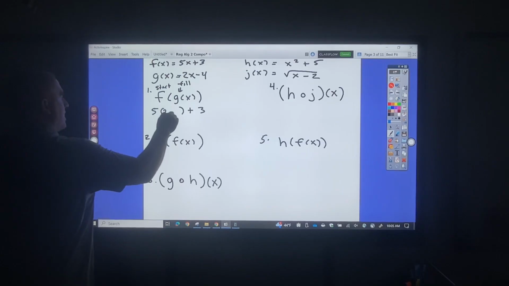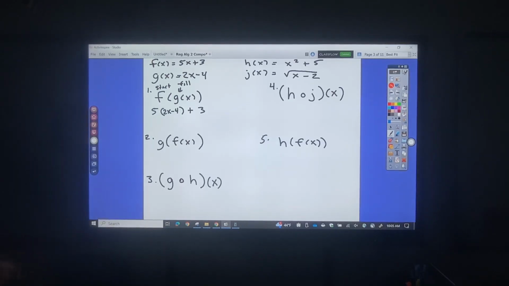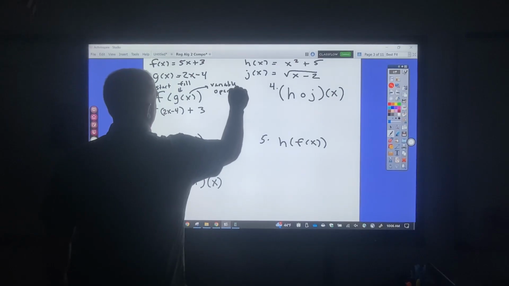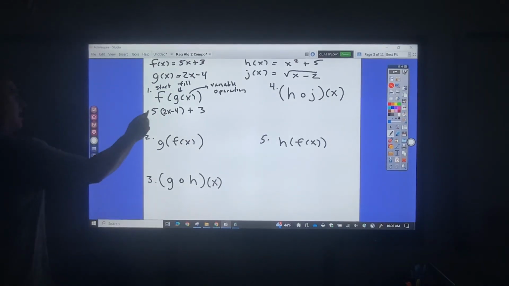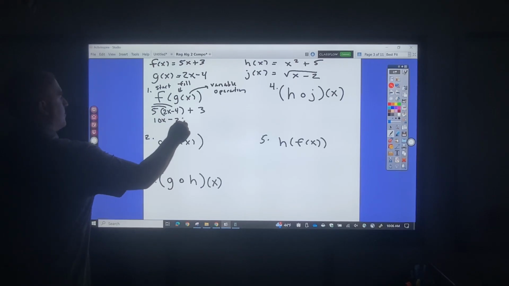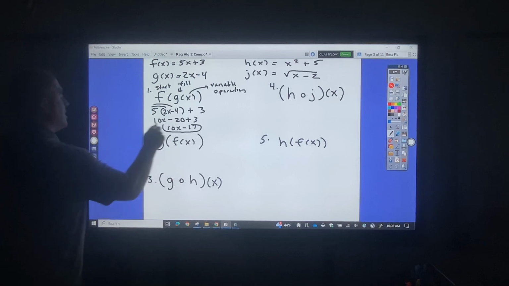I'm going to fill this in. Now, at this point, this last part, if it's a variable, you need to do the operations, okay? So in this case, I would distribute, that's going to be 10x minus 20 plus 3. That's 10x minus 17.